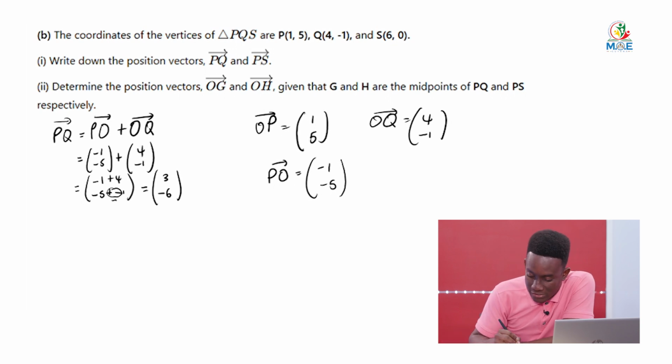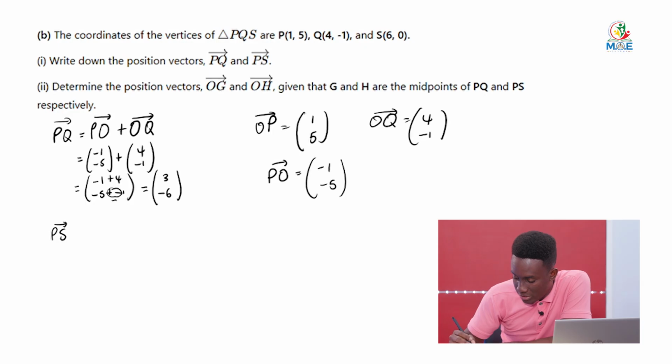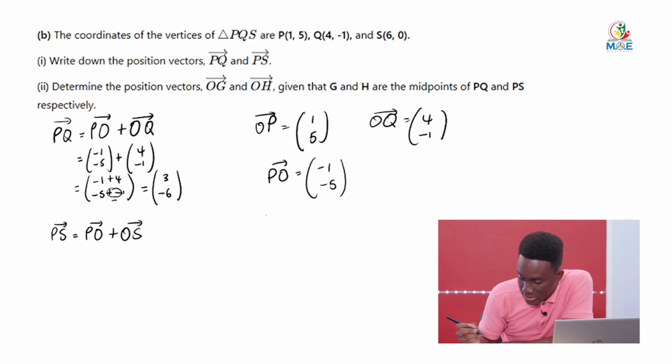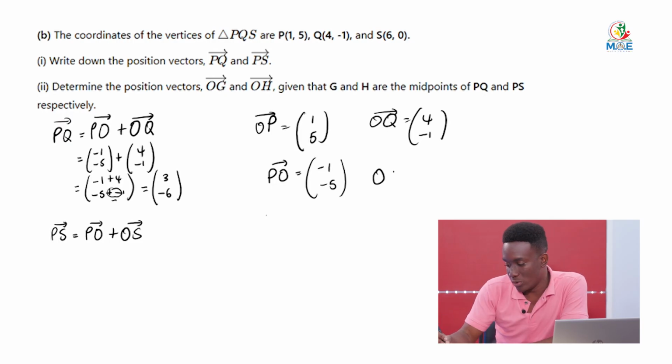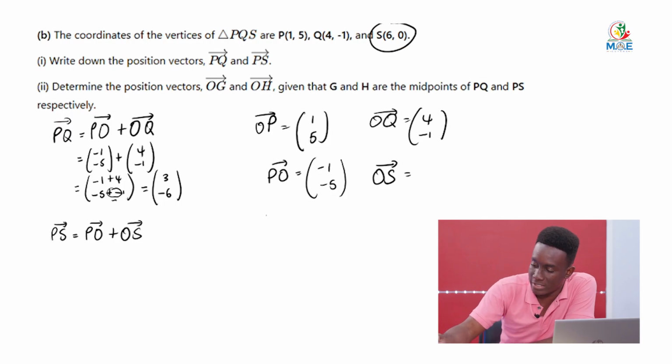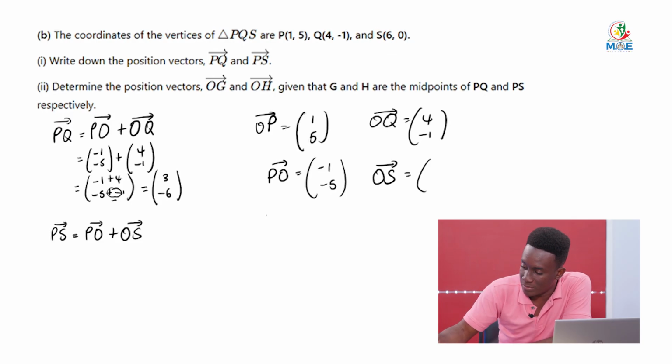The next thing they want us to find is PS. In order to get the vector PS, we start from P and we go to O, and then we go from O to S. So we already have the vector PO. Now we need the vector OS. We move from the origin and we go to S. We know the point S is (6, 0), so OS would simply be (6, 0).